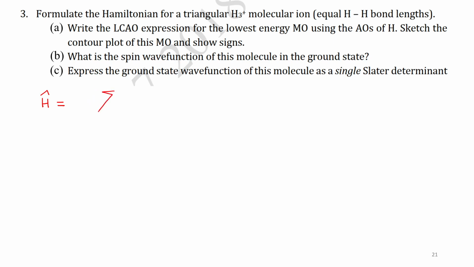So I can write the summation. I'll start with n equals 0 to 3, with a minus sign, minus h-bar squared by 2 m_n, right, for the nucleus. I'll write it bigger.